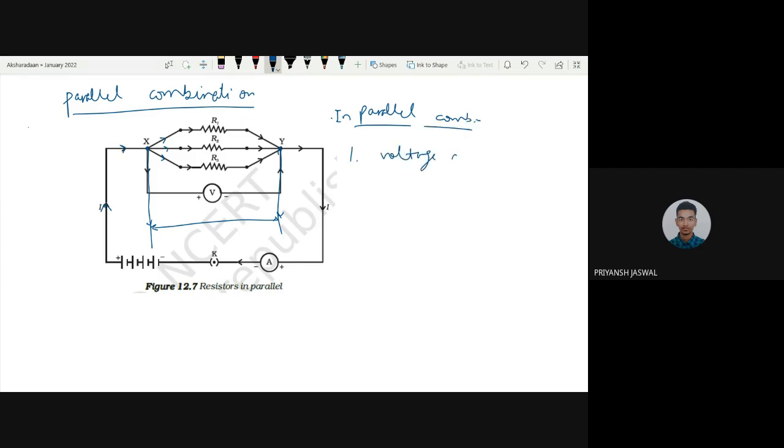Voltage across resistors remains the same.